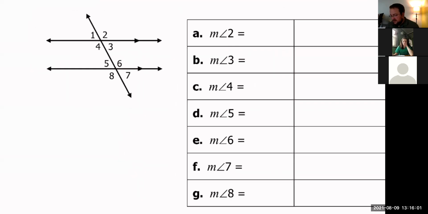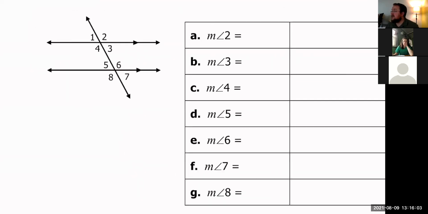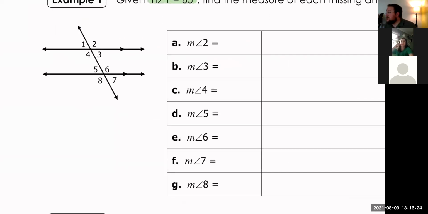They share the same vertex and side. And they form a line when they're attached. They are supplementary because they are a linear pair. So this line right here is formed by angles 1 and 2. So angles 1 and 2 are supplementary.